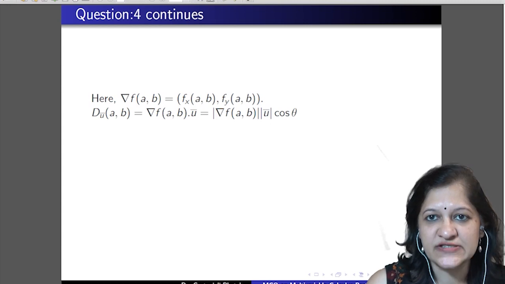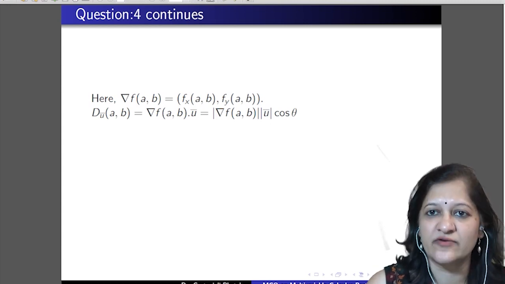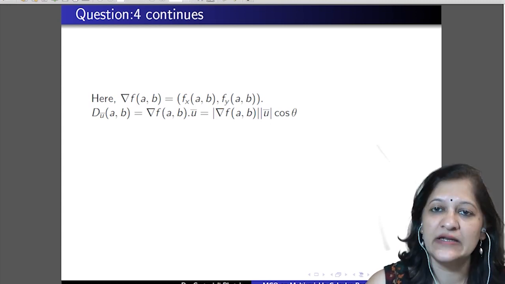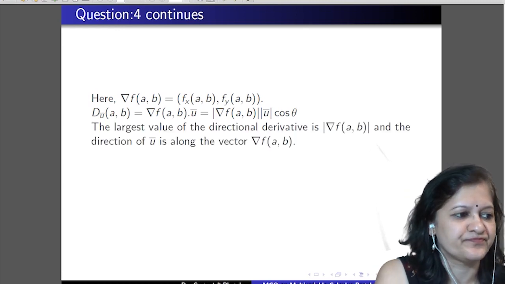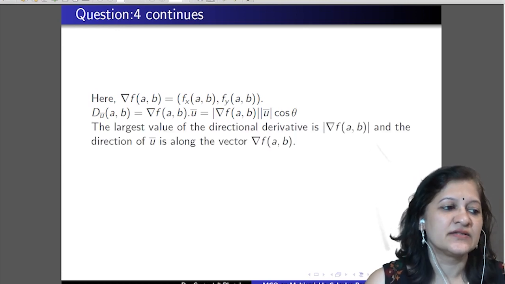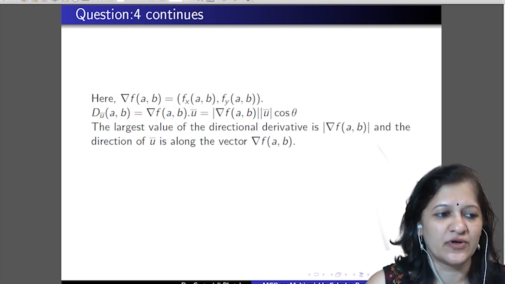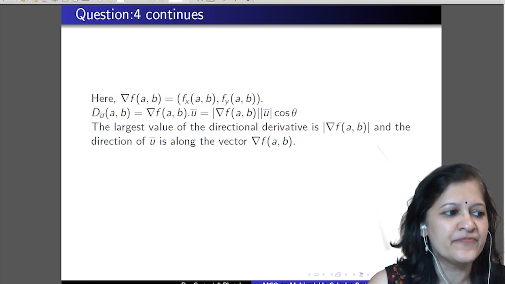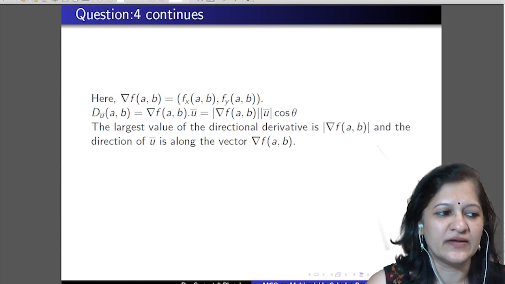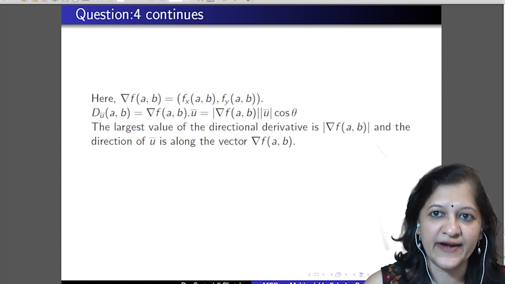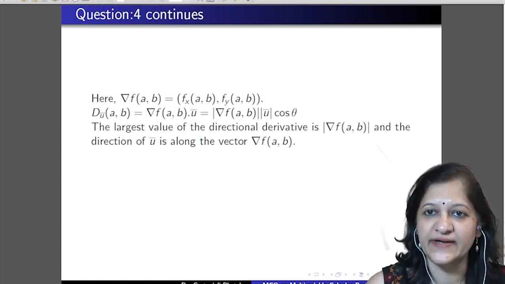And the value of cos theta is maximum at theta equal to 0, where cos theta is 1. Hence, the largest value of the directional derivative is the magnitude of grad f at (a,b) and the direction of u bar is along the vector grad f at (a,b) because theta equal to 0.